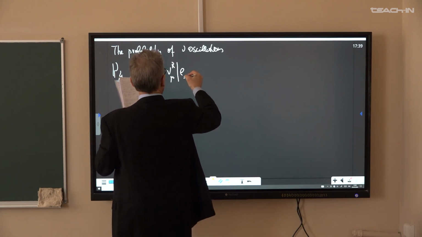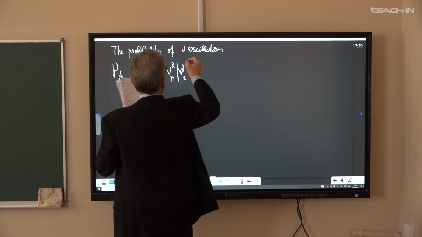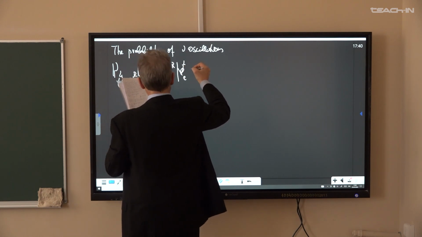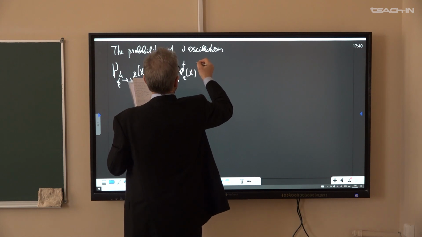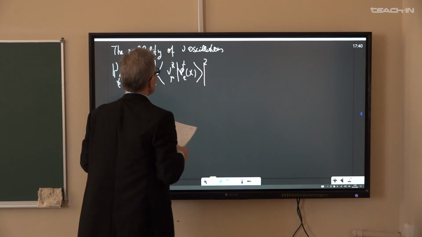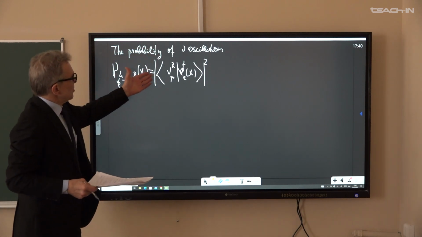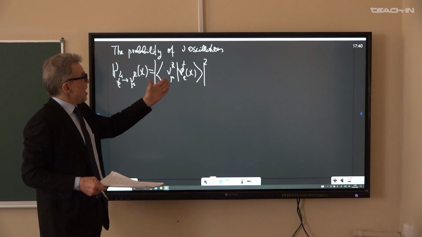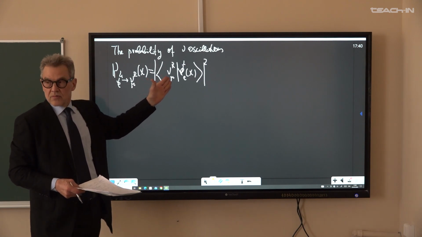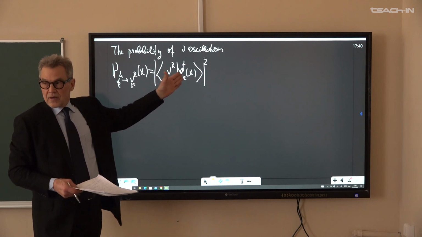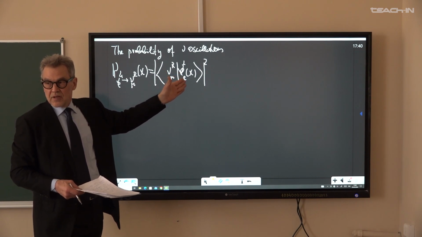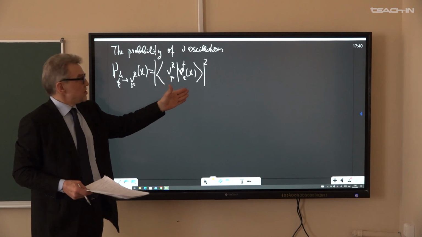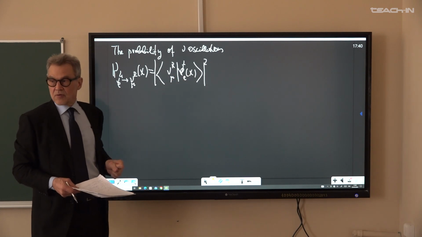with the neutrino electron state in the point with the coordinate x. So we are looking for the projection to the right-handed muon neutrino in the solution of the evolution equation in the position characterized by some coordinate x.